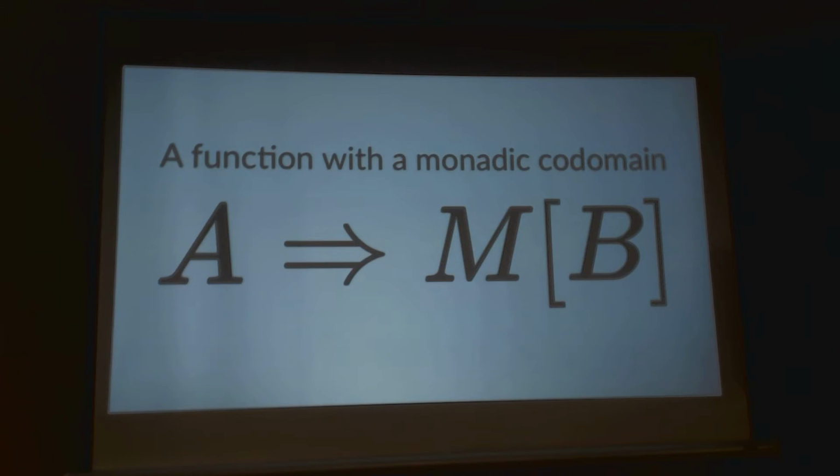So let's say we have a function from A to M of B. Well, what do I mean by this? I'm saying M is a monad. And I'm saying we have a function where the domain is any value of any type, or a particular type A, and your result is guaranteed to be a monad with type parameter B. Well, guess what?